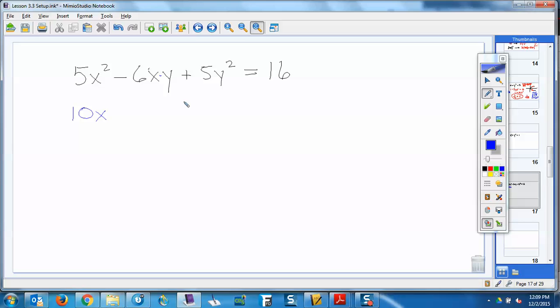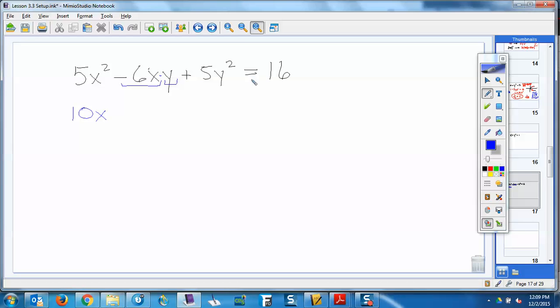Now, here's what I would suggest. I would attach this negative to that 6, and I would treat that as one thing and treat that as one thing. Because if you don't, that minus sign, you're going to have to remember to distribute. Because remember, the product rule has a plus in between. So I would treat this as negative 6x times a y and do your UV product rule.